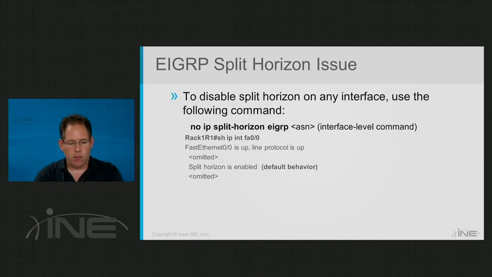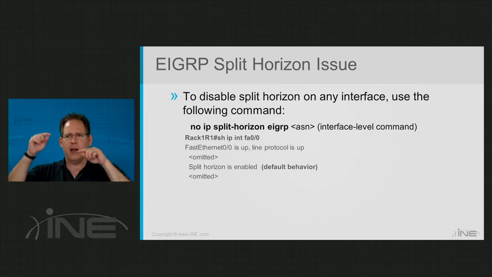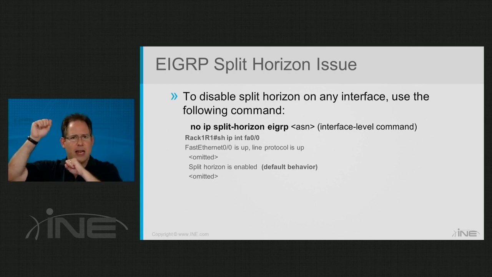Now, one thing to be aware of, where they might try to get you on the certification exam: on an interface, you might see a configuration of a router that says no ip split-horizon. That's it. You might be faced with a troubleshooting scenario of, well, how come these two routers aren't getting information?